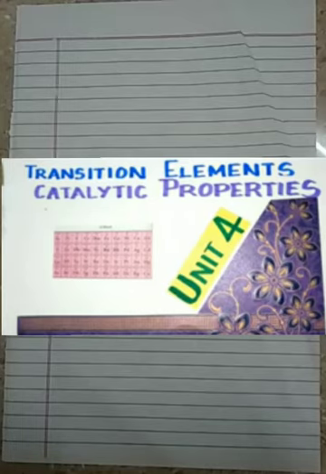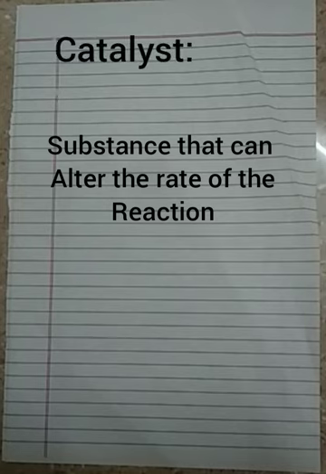Next is catalytic properties of transition metals. Already from Unit 7, we know the meaning of catalyst. A catalyst is a substance that can alter the rate of the reaction, but it never participates in the reaction.